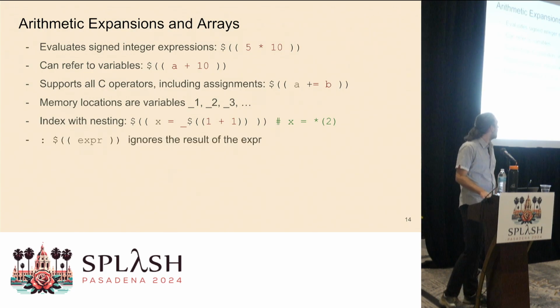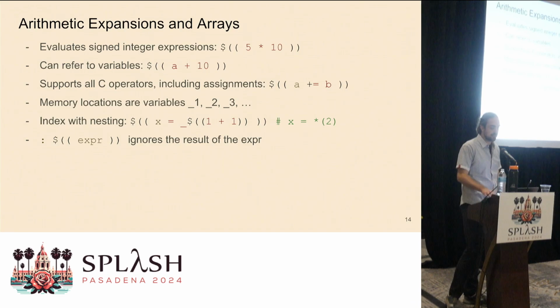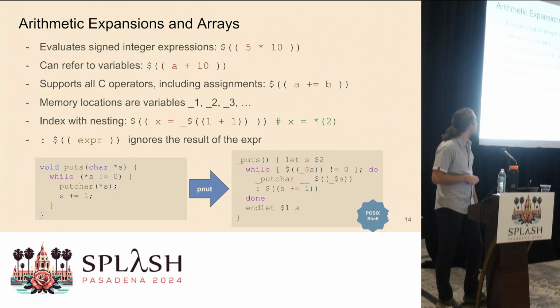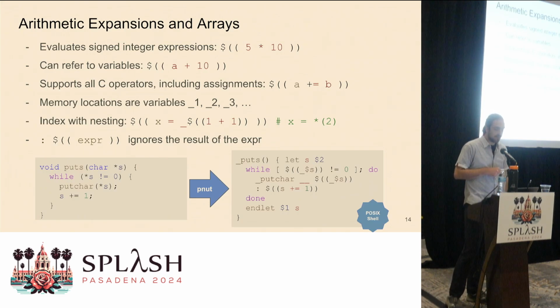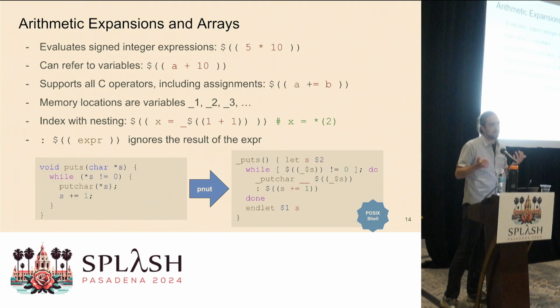Sometimes you want to ignore the result of the expression, so you'll see that syntax in some of the examples where it starts with a colon; it ignores the result, but it still evaluates the expression. Generally, this is for assignments. Bringing back the puts example from the beginning, we can see the while loop condition dereferences s and checks if it's 0, so if it's the null byte.